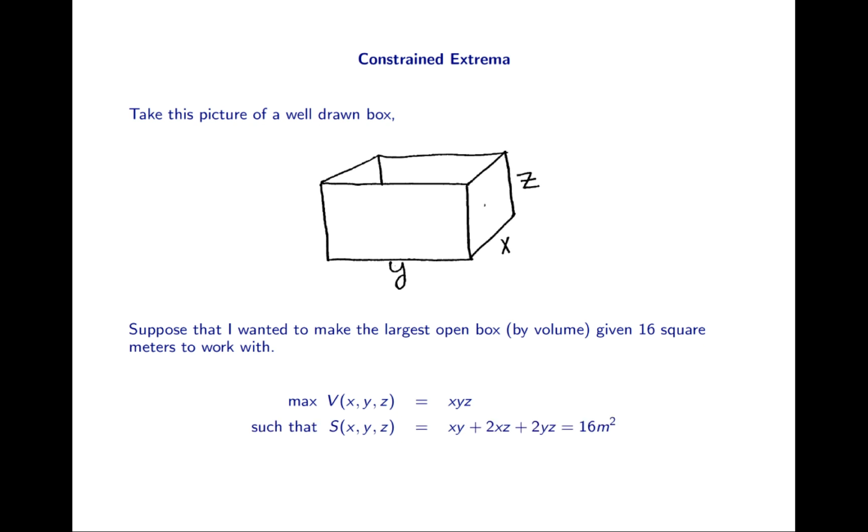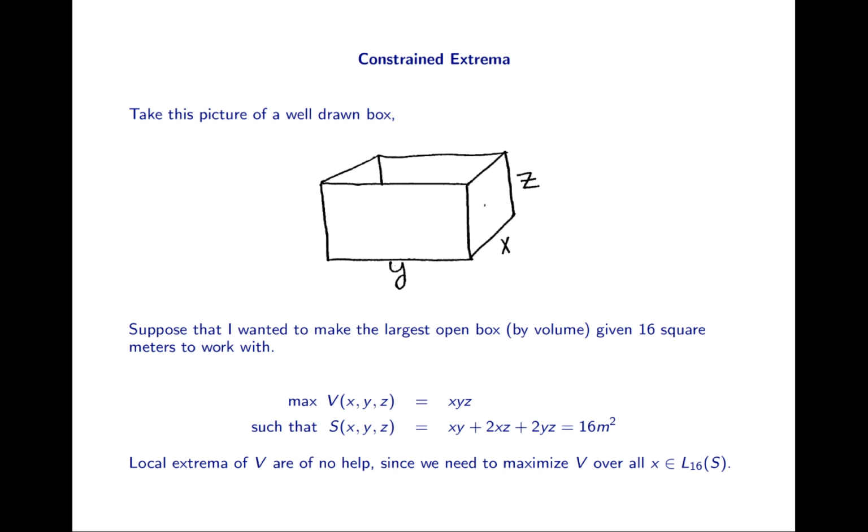But my surface area, that is the area of the base, x times y, plus the two sides, x, z, plus the two other sides, y, z, has to equal 16.